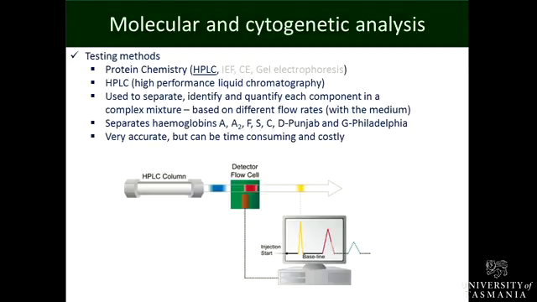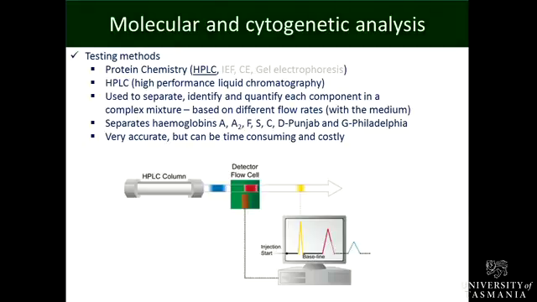Basically, this HPLC column here is used to separate, identify and quantify components in a complex mixture. So you can take a blood sample, for example, and put it through this column, and it can identify the various forms of the hemoglobins. And it can separate very accurately all of these particular hemoglobin forms: A, A2, F, S, D Punjab, and G Philadelphia.